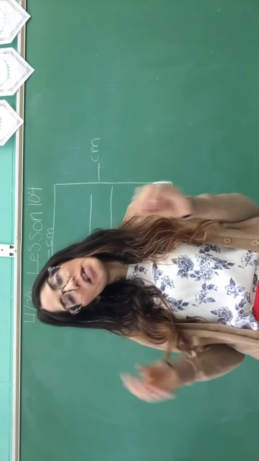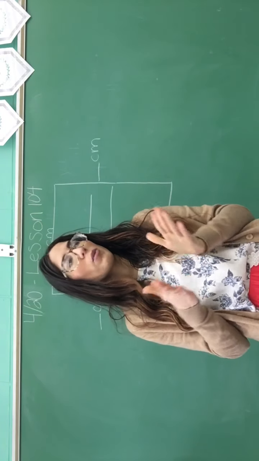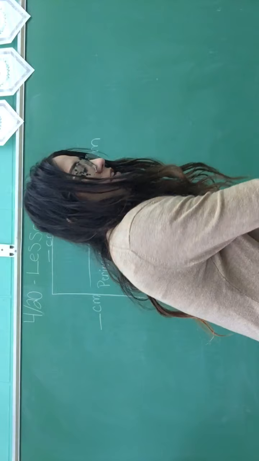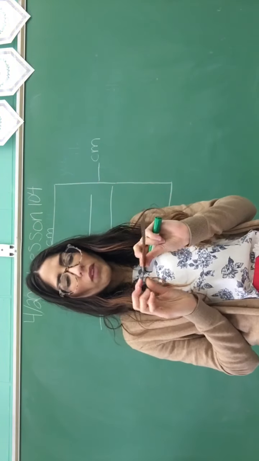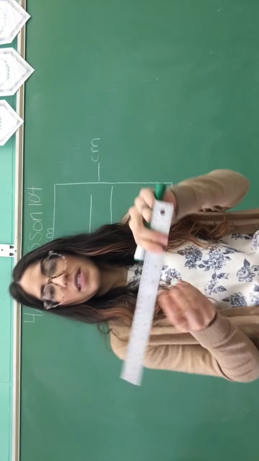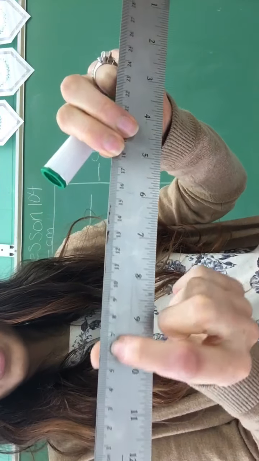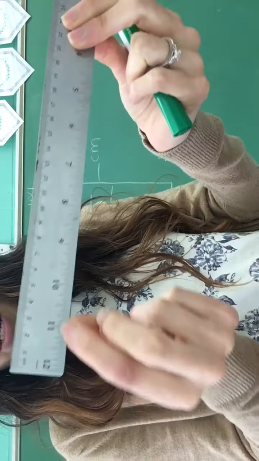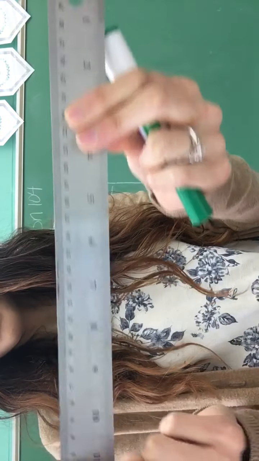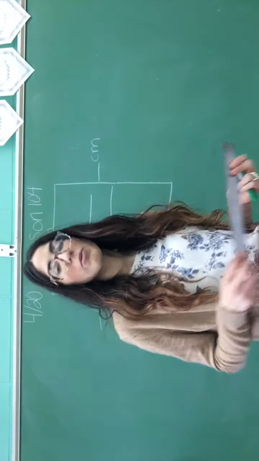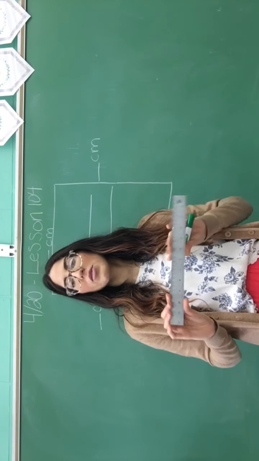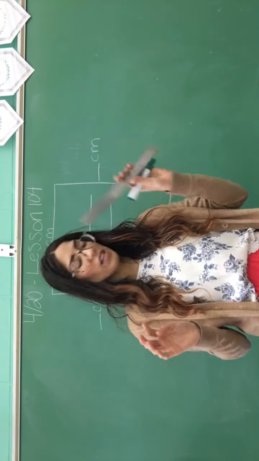How we do that, of course, is with a ruler, right? Today we're going to be using our centimeter side, which is the little ones. The big numbers are the inches, right? But our centimeter side is the little small numbers there. So that's what we'll be using today, okay? We'll be using a ruler to measure the sides.